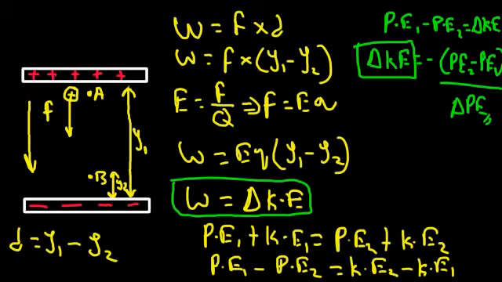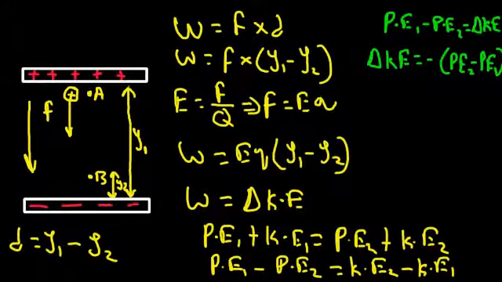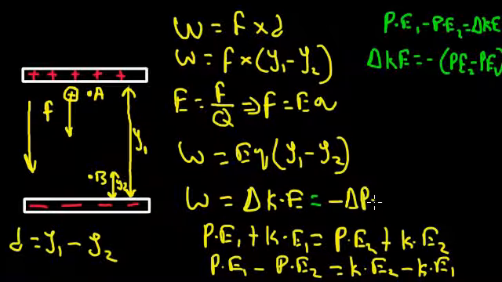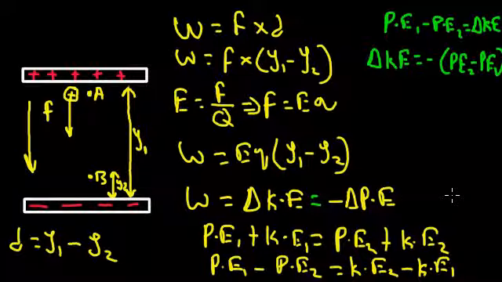And so we can clearly say that the work done, which is equal to change in kinetic energy, is also equal to negative change in potential energy. This is one of the great formulas you have to be familiar with while dealing with problems involving work done. Perfect. And that's exactly what we want to make use of.